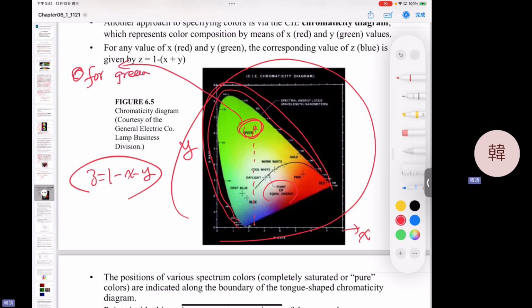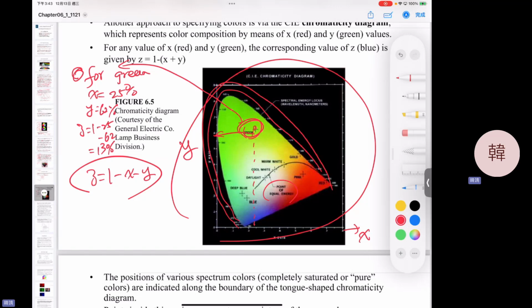If you look at this CIE diagram for the green color, x is about 25%, and y is around 62%. So you know for the tri-stimulus coefficient, z equals 1 minus 25 minus 62, which is around 13%.